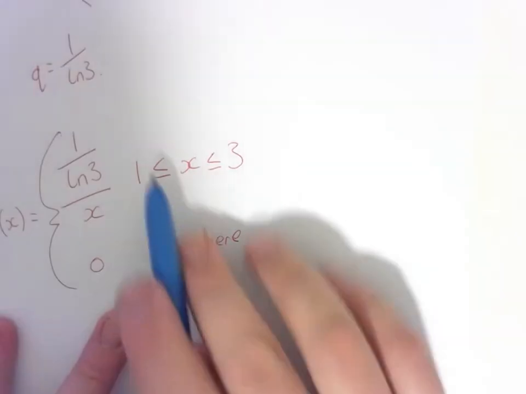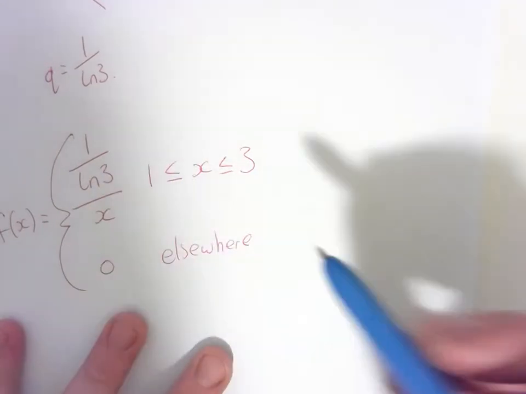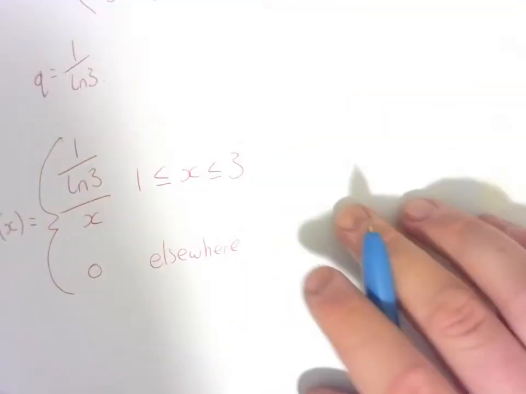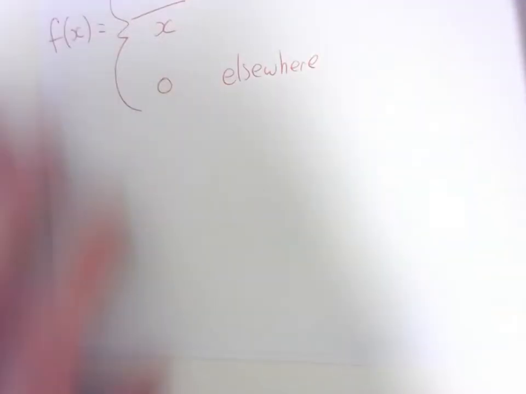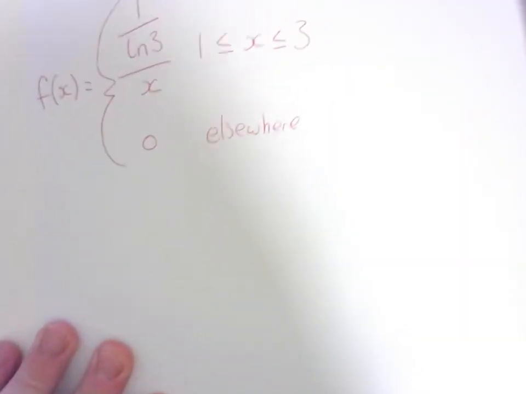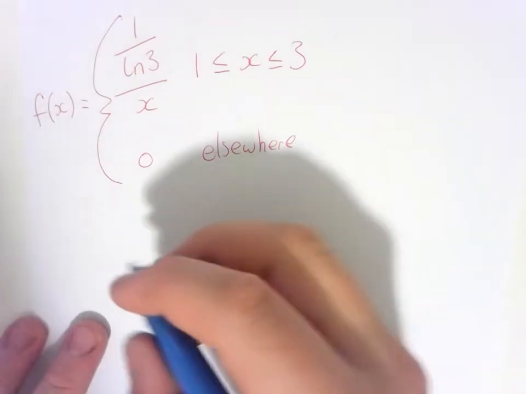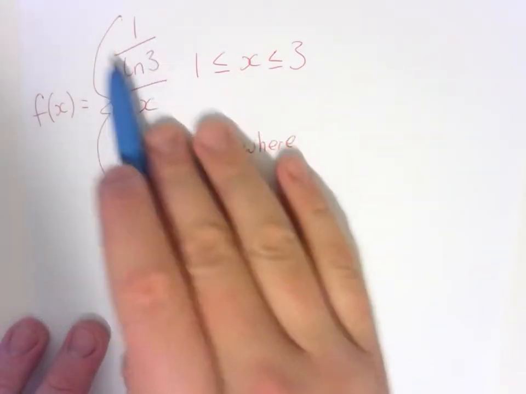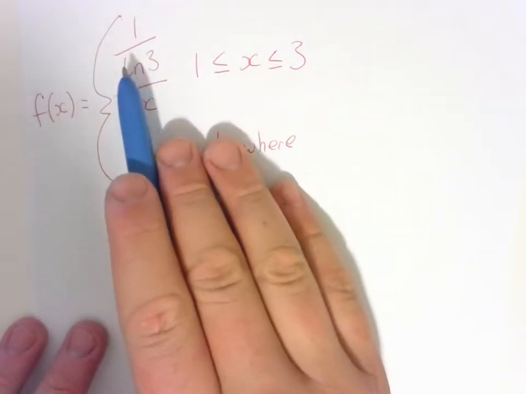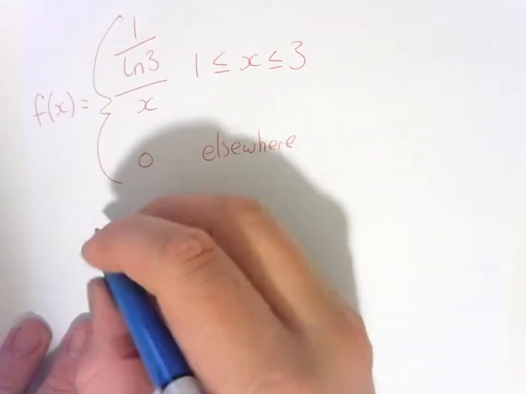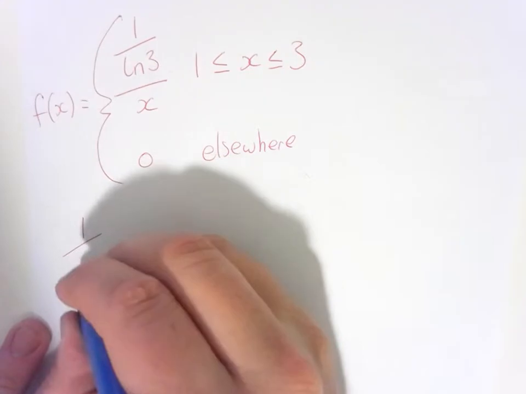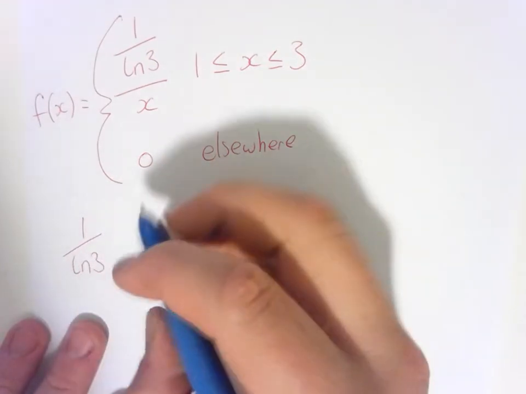I can now factor out 1 on the natural log of 3, that's just a number, so we can factor that out of our integral.